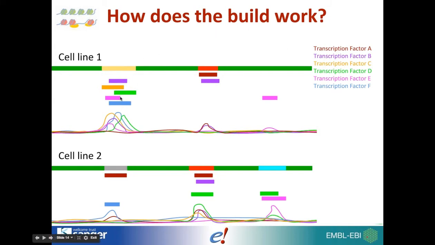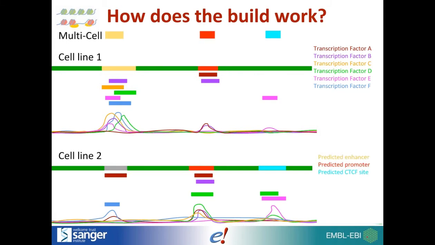We have some features and we've called it as this particular activity. In cell line 2, we haven't called the same activity. Whereas this region, we've called one kind of activity and we've called the same thing in the other cell line. From this, we can say overall, in the genome as a whole, what activity is going on where.